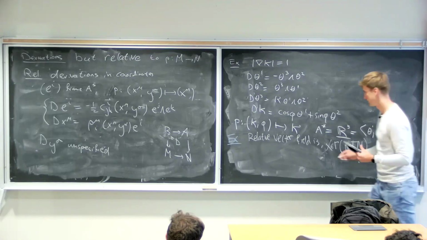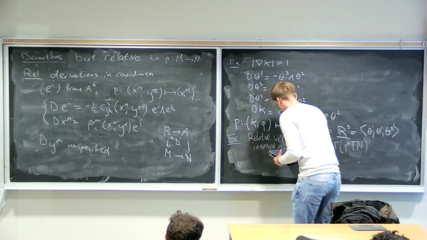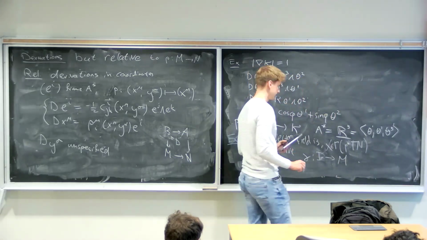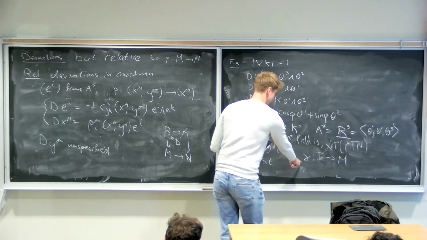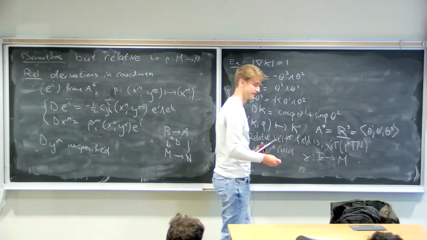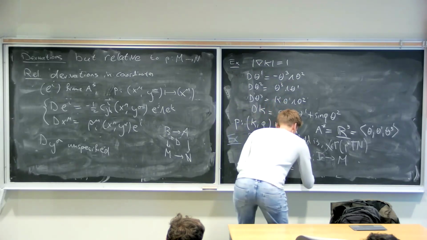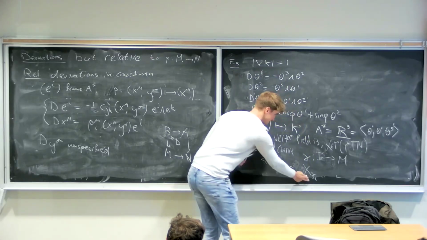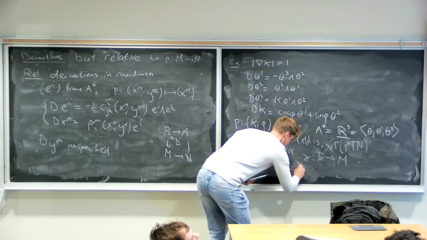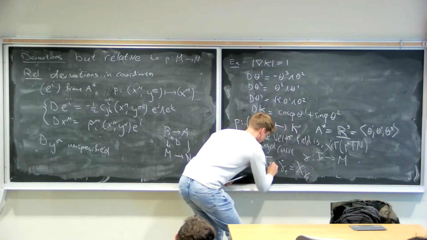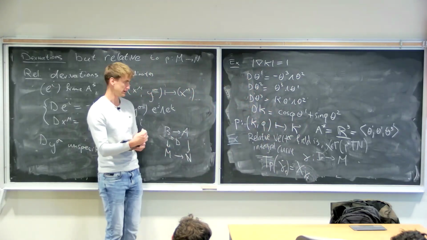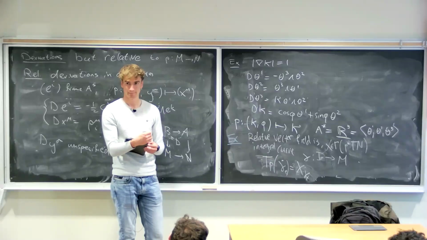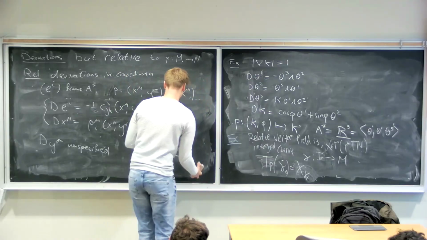It will be a curve in M. An integral curve would be gamma going from some interval to the space M such that the derivative at each point is X, but only after projected back to N. So gamma dot at t will be the X at gamma of t, but we have to project, this one lives in M, this one is tangent to N. So you have to project it back to N. That will be an integral curve. It's not uniquely determined.